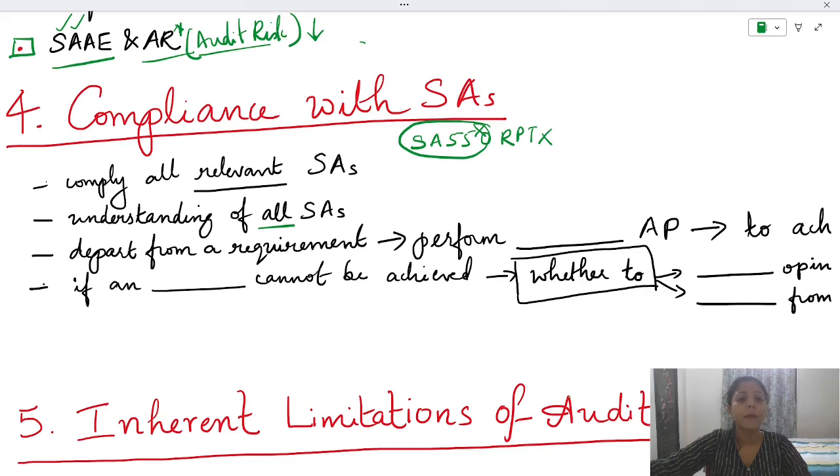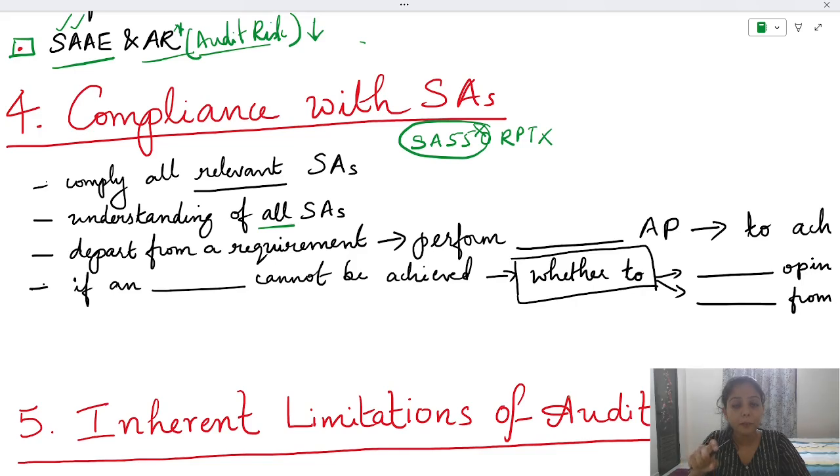Now, regarding departure from a requirement. Suppose for a particular SA, a particular objective is to be achieved, and there is a procedure for the same. But that procedure cannot be performed by the auditor, which means he has to evaluate whether there is another alternative procedure in place of it.